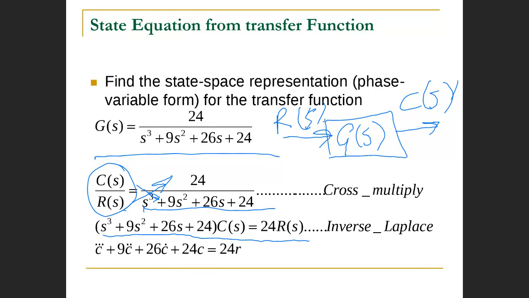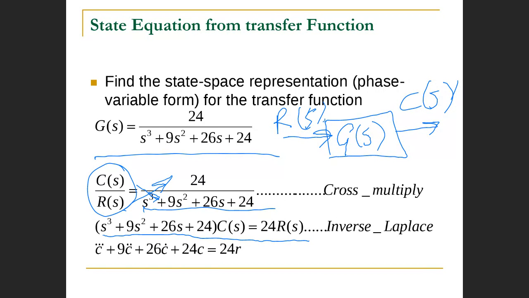The next step is to take the inverse Laplace. While I may have omitted a step, I'm sure you can appreciate what is happening. Look at what we have to do first. We have to expand. We have to multiply c of s by each term in the polynomial here.